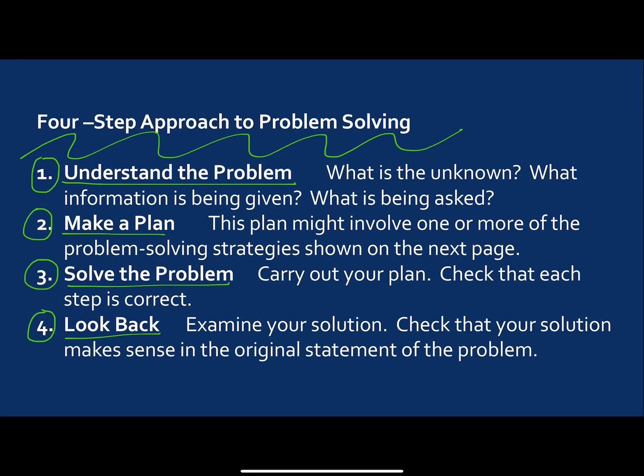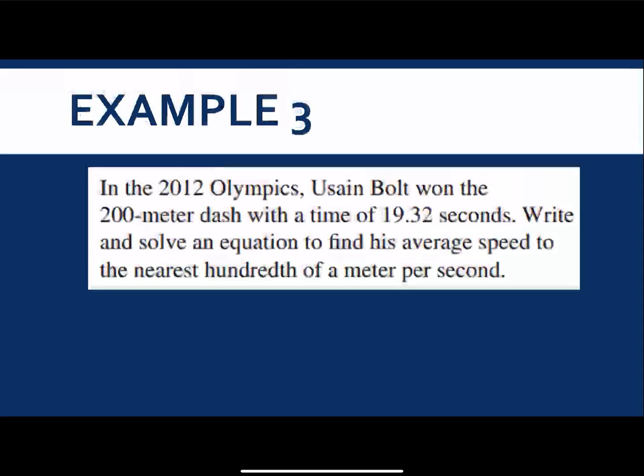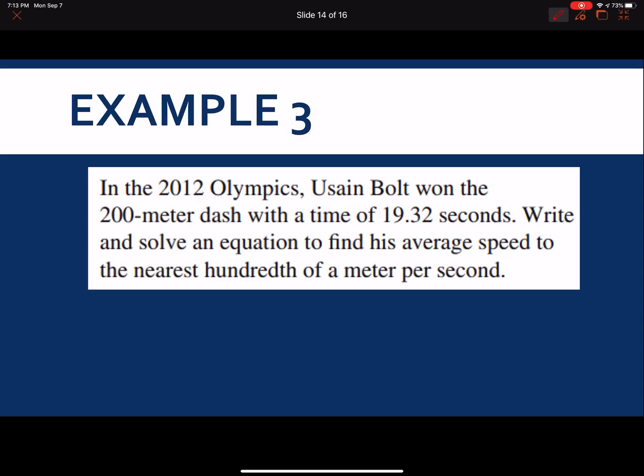And let's look at number 1. Understand the problem. What is the unknown? What's being asked? Okay, so it says write and solve an equation to find his average speed. So we are trying to find his average speed. That's the unknown.